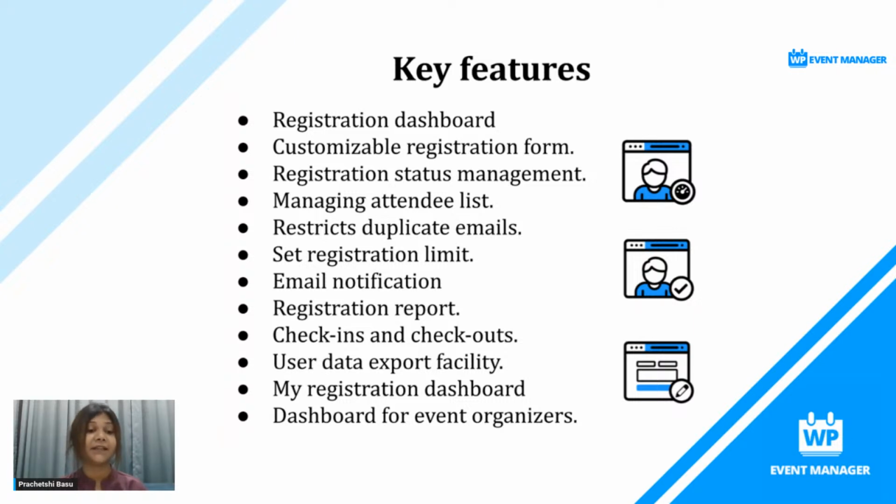What it does is, it lets you restrict duplicate registrations with a setting option. With this option, you can just enable the option, and all the duplicate emails will be restricted from registering again and again for your event. Set registration limit.